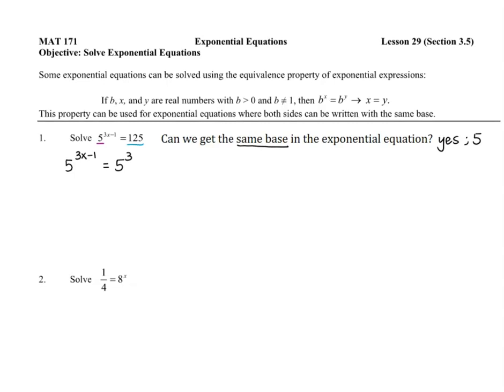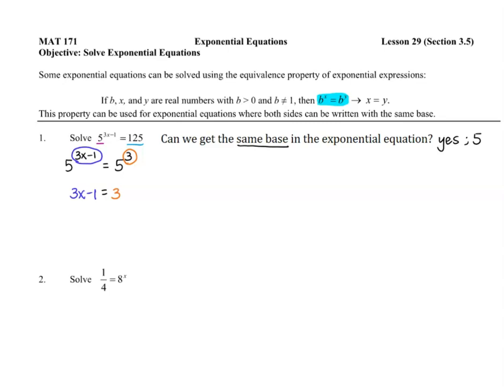And the reason that that's important is because the one-to-one property for exponentials says that if you have b to the x equal to b to the y, then you can simply set the exponents equal to each other. So in other words, if 5 to this power is equal to 5 to that power, then this exponent of 3x minus 1 must be equal to this exponent of 3.